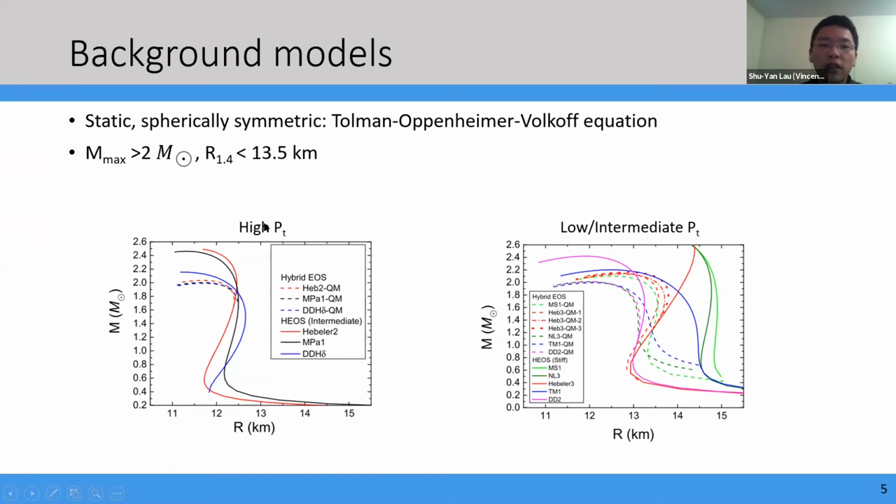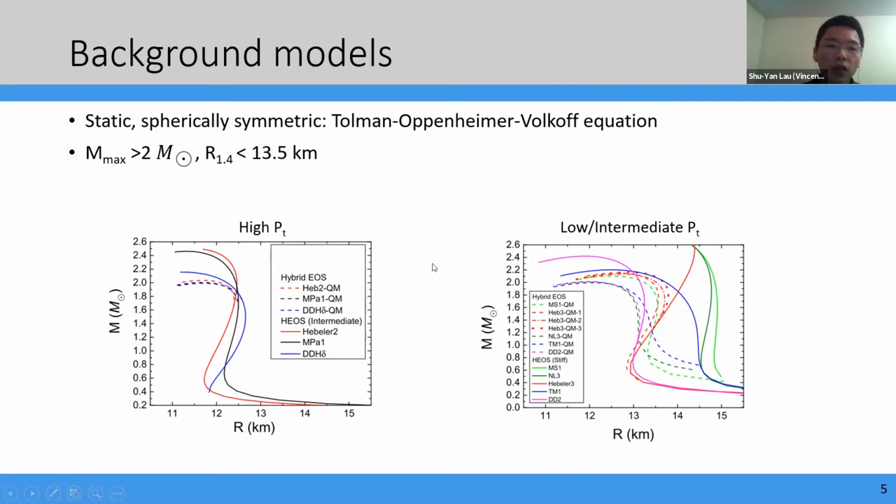We classify these equations of state based on their transition pressure. We have the high transition pressure models, where the transition pressure is beyond 10^35 dyne per cm squared. We also have the lower transition pressure equations of state, where the hybrid star starts appearing at relatively low mass.